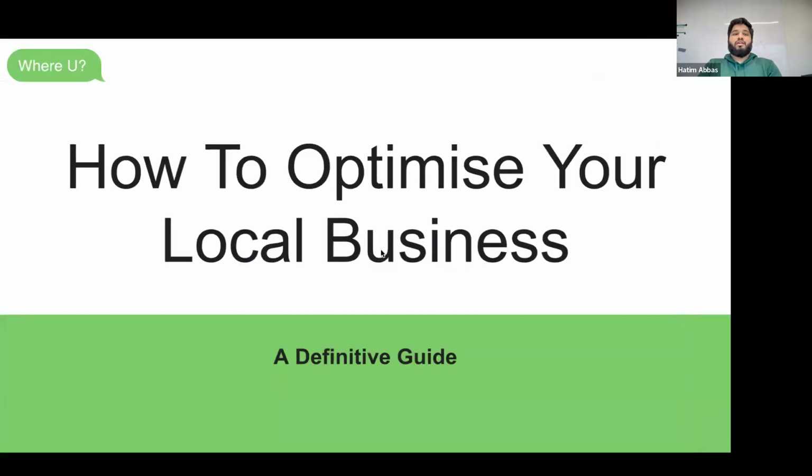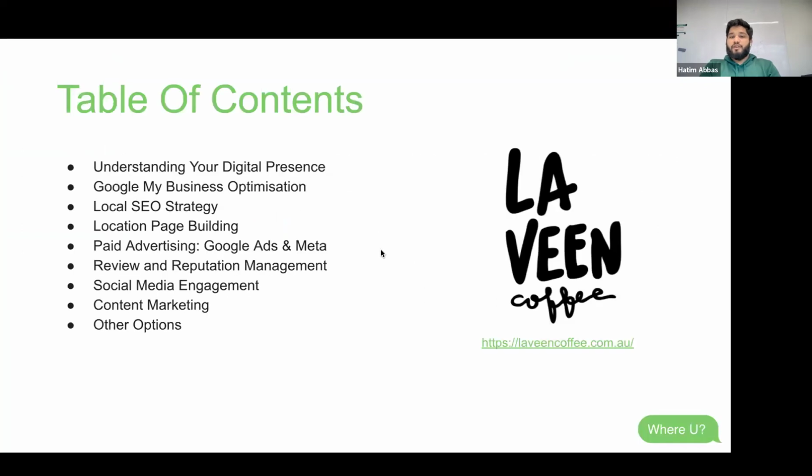Cool beans. All right. First off, the things we'll be covering: understanding your digital presence, Google My Business optimization, local SEO strategy, location page building. It technically falls under local SEO strategy, but it deserves a slide of its own. Paid advertising, Google Ads and Meta Ads, review and reputation management.